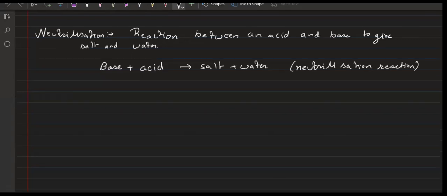Someone asked, sir, what will happen to the other part of the acid and the other part of the base? Very good. Now let's see. Let's take the most common base, NaOH, plus the most common acid, HCl.